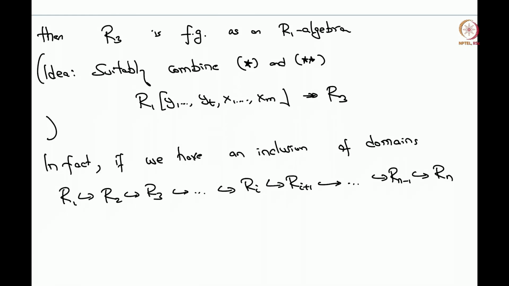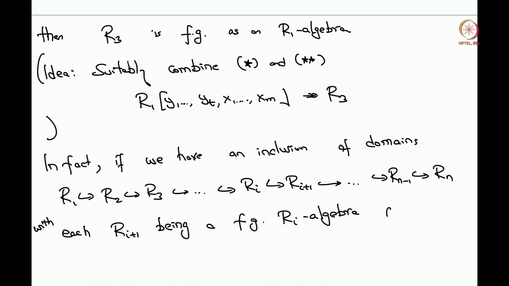Again each Ri plus 1 is an Ri algebra, but furthermore, suppose that each Ri plus 1 is a finitely generated Ri algebra for all these Ri's.